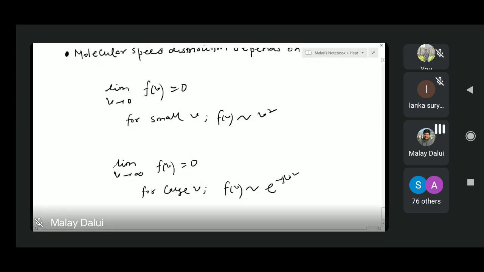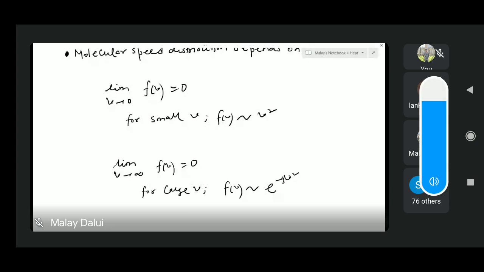As v increases, the exponential term starts dominating, and therefore the function goes to 0 asymptotically. So it goes to 0 at the origin and 0 at infinity, so it must pass through a maximum in between. It cannot be 0 everywhere.